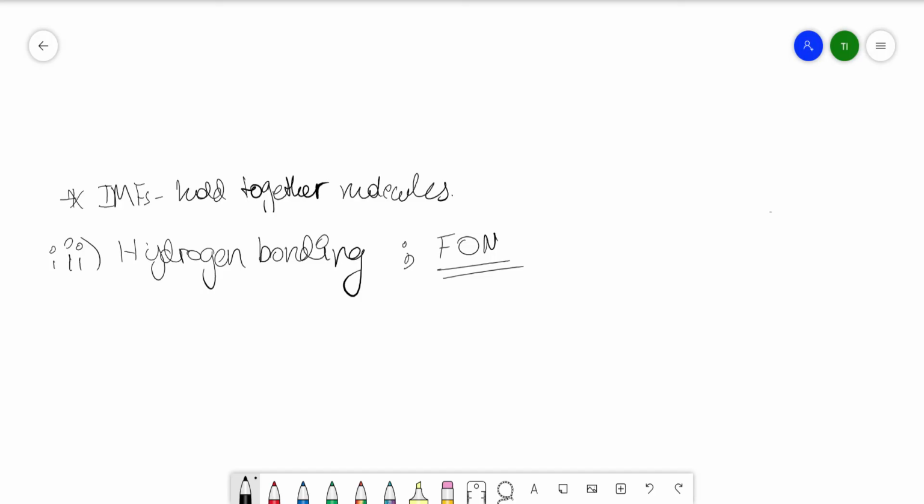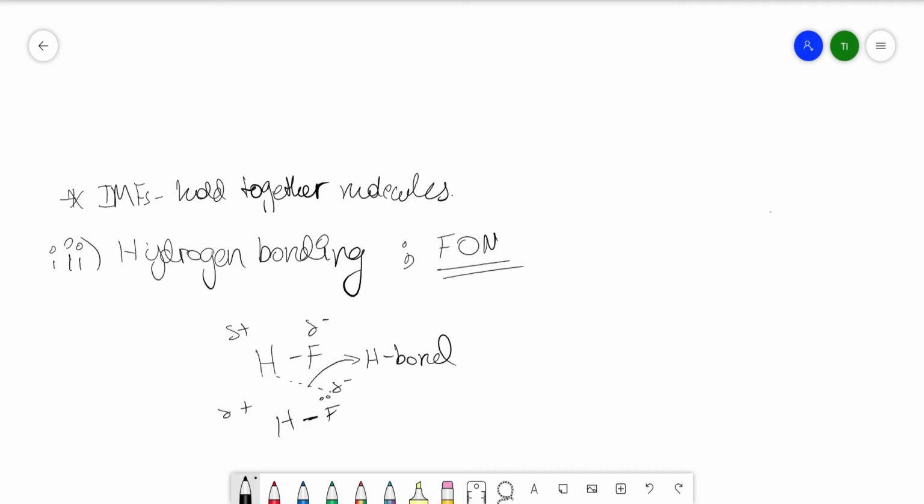A very basic example is HF. In HF, this has a partial negative charge, this has a partial positive charge. Another HF, and this is partial negative, partial positive. Hydrogen bonds are formed between the partially positively charged hydrogen atom and a lone pair of an adjacent fluorine. That's how a hydrogen bond is denoted.